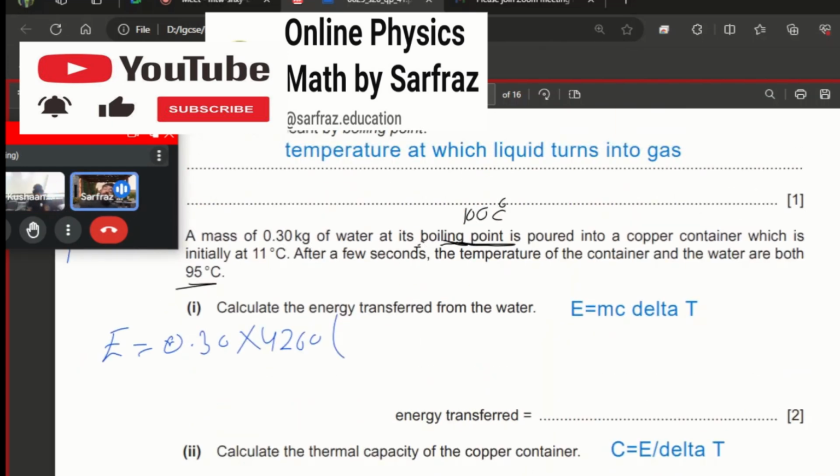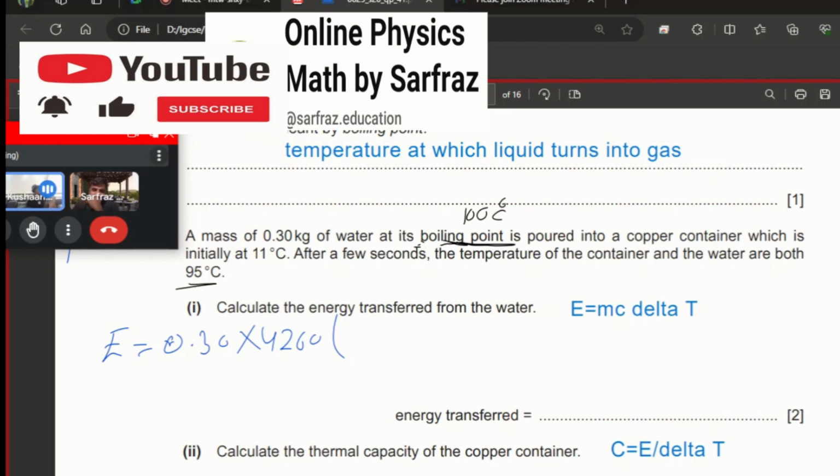And I am asking, what is delta T in this case? Delta T means change in temperature. Here three temperatures are given: two temperatures are for water and one temperature is for the container. Which two temperatures will you use for change in temperature? 95 and 11.